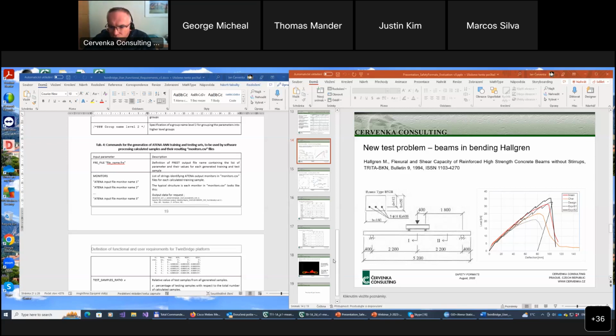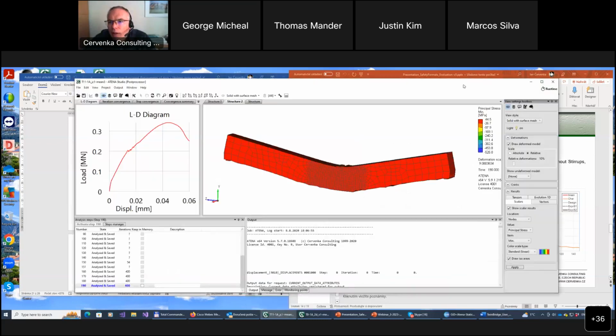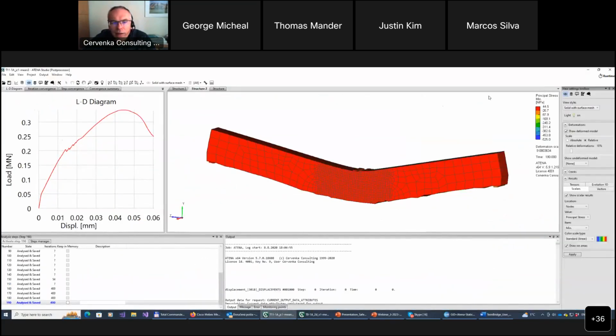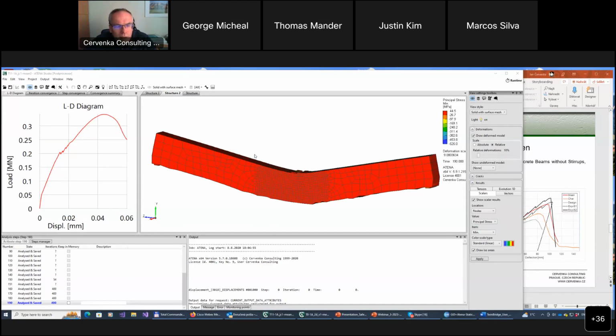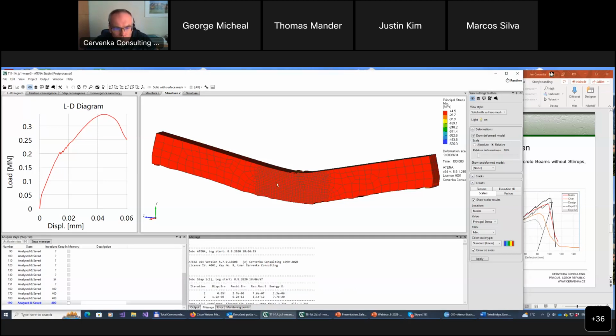All right, so let me now show some examples, and let's look at these things that we talked about again. The ATENA window. What I'm showing, you may recognize, is the ATENA Studio with post-processing of one example.